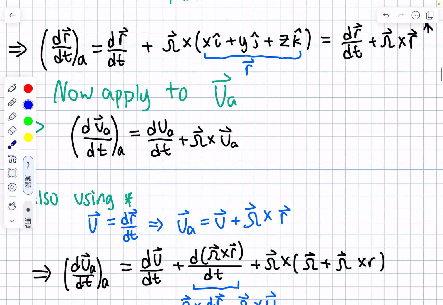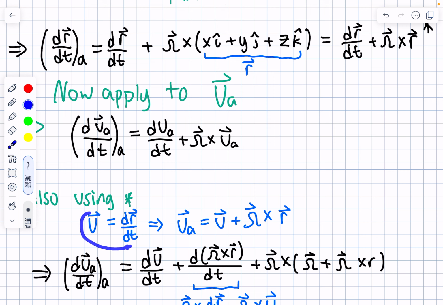And we also should notice that the derivative of r in time is actually just the velocity, because we have a location, and the change in that location over time for x is just equal to u, and dy dt is equal to v, and dz dt is equal to w.